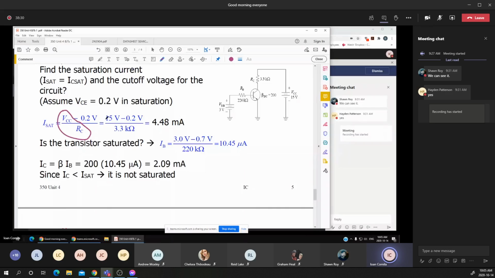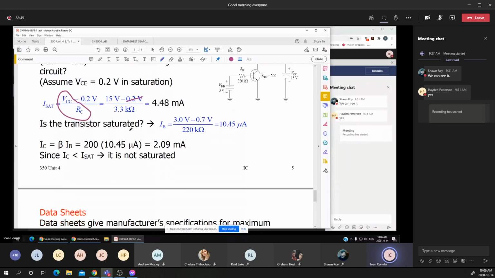Now, if you are taking 15 volts, you notice that 0.2 is much smaller than 15 volts. Divided by 3.3, that's 4.48 milliamps. If I neglect that 0.2 volts, it does not make a big difference in the calculations.